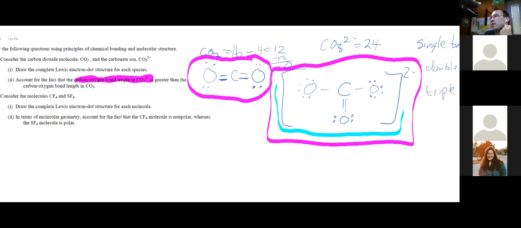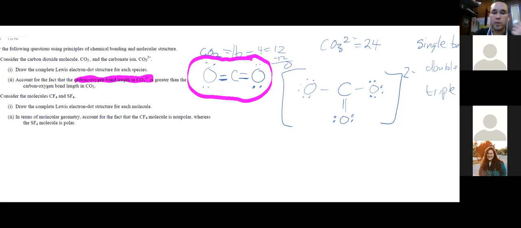Is there more than one way for us to draw this Lewis structure for the carbonate? Yeah, you can draw it two other ways. And what do we call that, if we can also draw this like this? Resonance. Resonance, very good.